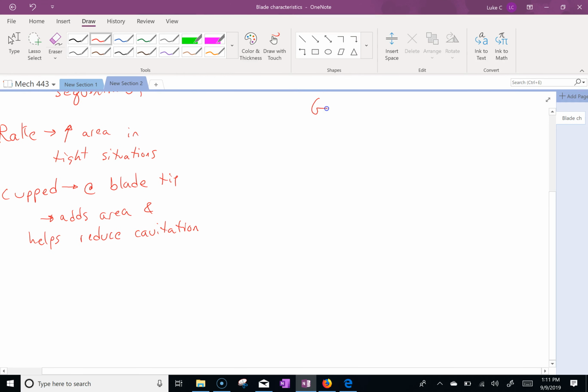I'll do it over here to save some space. The WL, if you remember, was the waterline length, 30 feet. We're going to go at 18 knots, and we have 12,700 pounds.